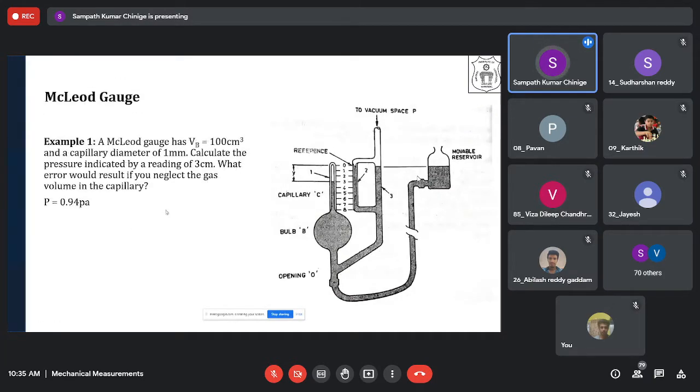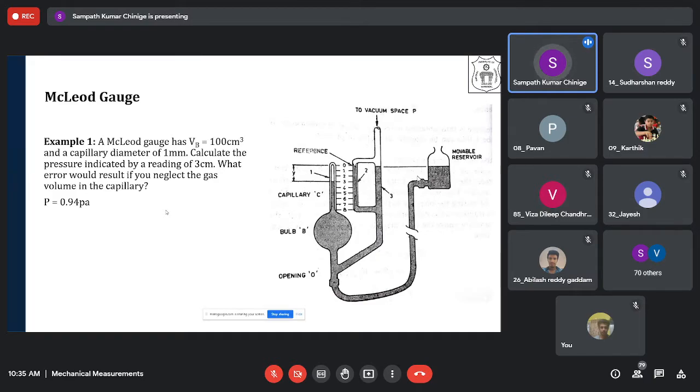Can you try to do this problem? The answer is given as P equivalent to 0.94 pascals. VB, you know, AH squared: the diameter is 1 mm, H is 3 centimeters. I think you can do it at home.